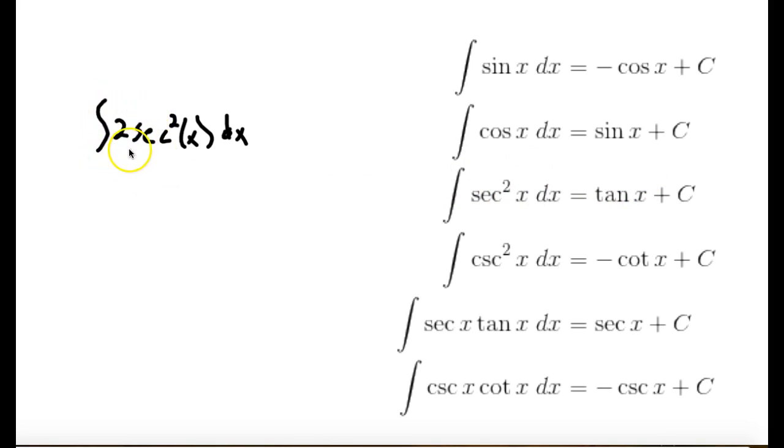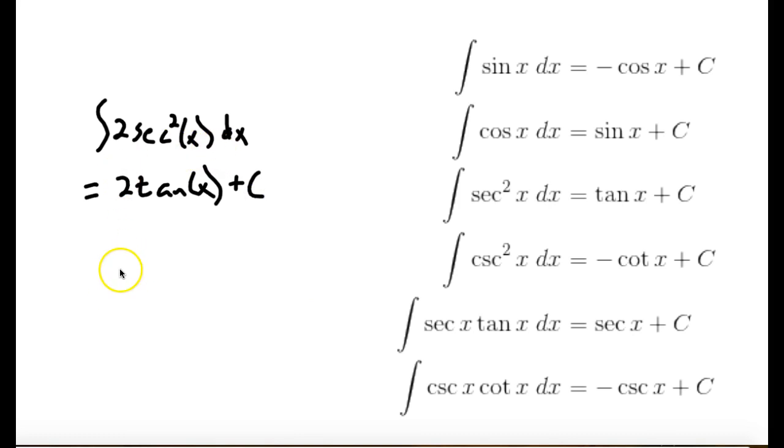Whenever we have a coefficient out front, remember, one of our properties is I can just pull that out in front of the entire integral and just tack that on to my answer. So here, we could say that the antiderivative of 2 secant squared is 2 tangent of x plus c. Remember, when we integrate, the dx goes away.